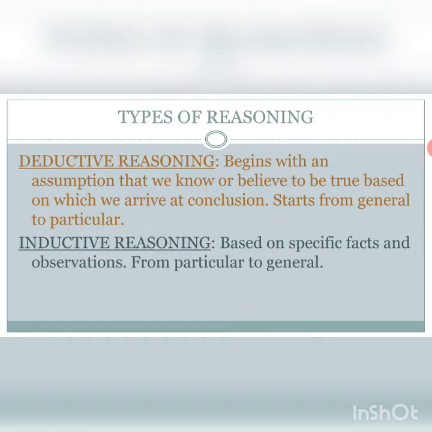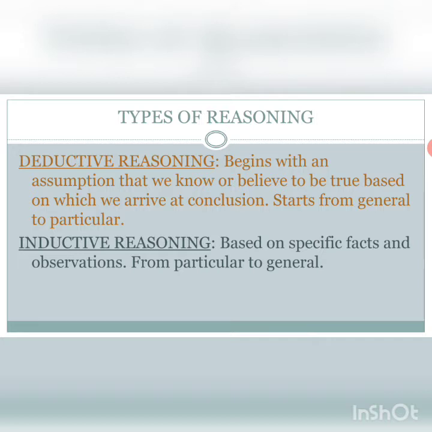Now we come to the types of reasoning. We have deductive reasoning. Deductive reasoning begins with an assumption that we know or believe to be true, based on which we arrive at a conclusion, and it starts from general to particular.